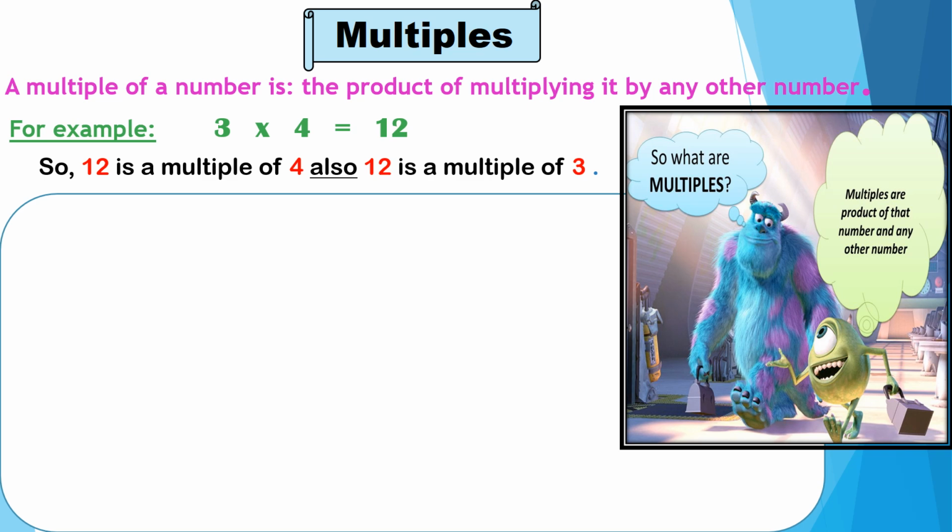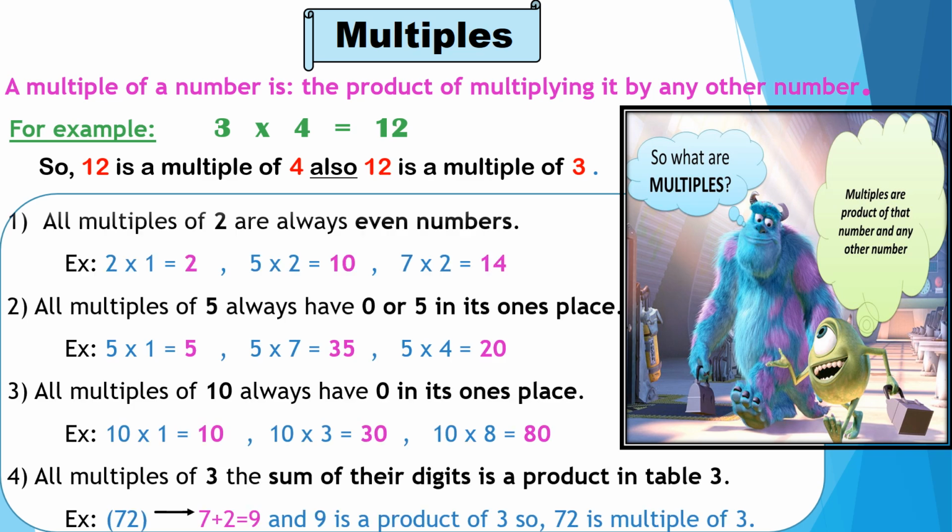We have some rules. We will know the multiples very easily if we study them. The first: all multiples of 2 are always even numbers. We said multiples are the products.